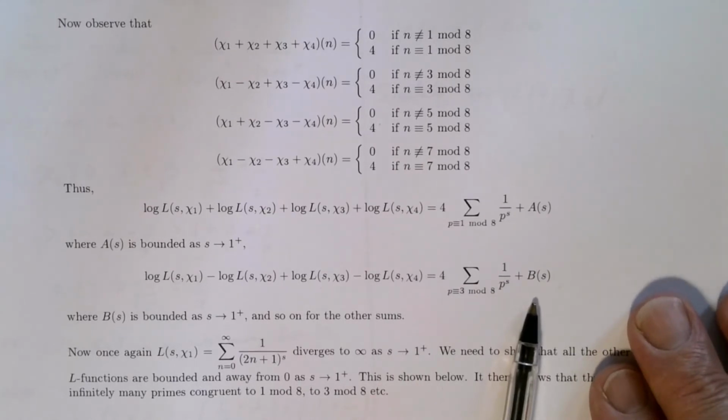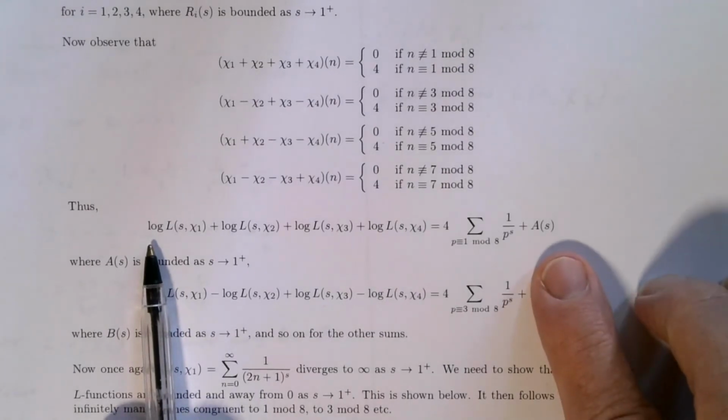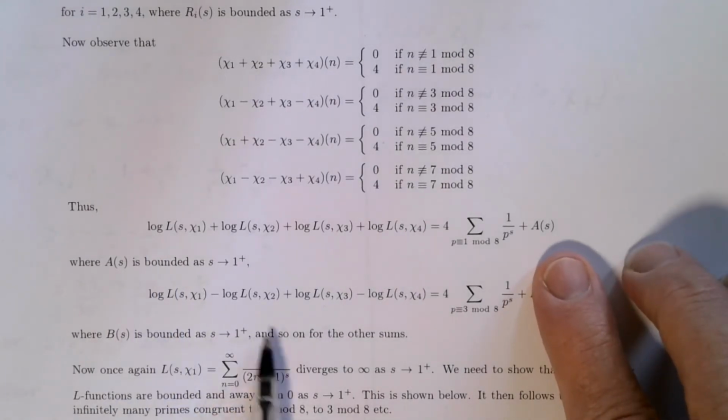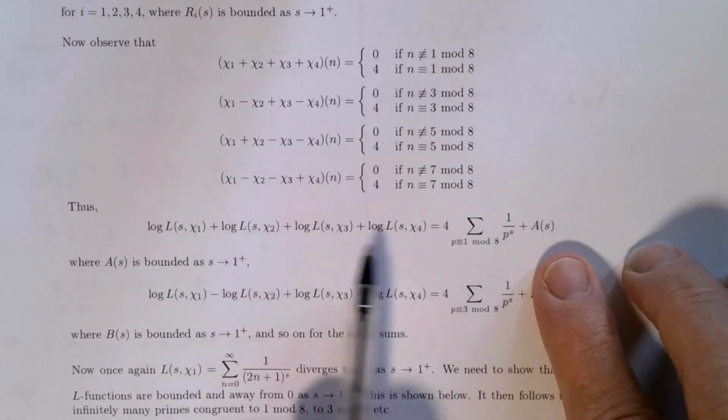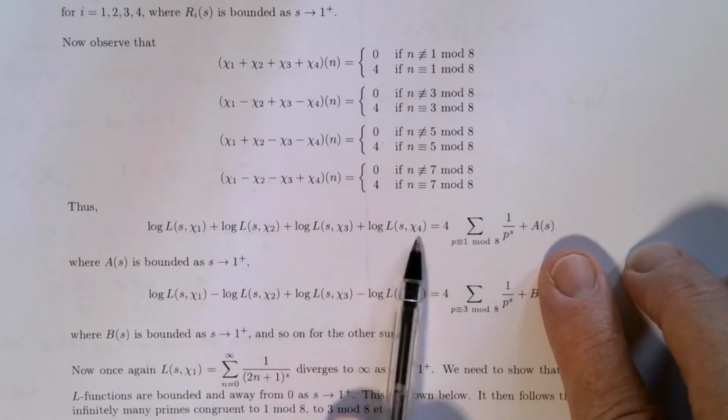Now again, if we look at this line, what this says is, if we can show that each of these 3 L functions is bounded away from 0, so it's finite and well away from 0, then when I take the logs of these, I'm just going to get finite numbers. This is bounded.